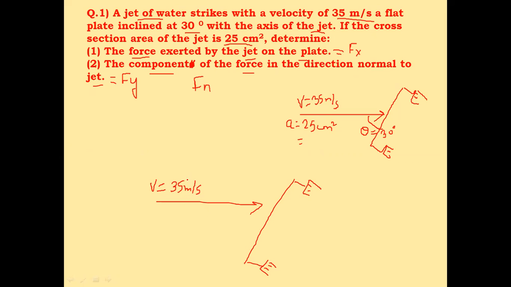Now what we have to do, first we have to find the normal force. For that we have to find the components of velocity, right? We have two components of velocity. This is the angle theta which is 30°. Keep that in mind, it is given in the question. The component nearby to this angle will be v cos theta, and this will be v sin theta. So it will be v, that is 35 into sin 30°. What is the value? What is the answer of v sin theta?